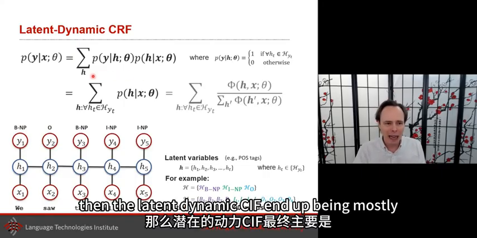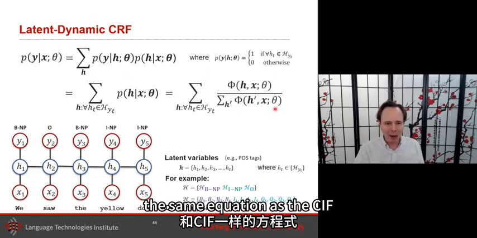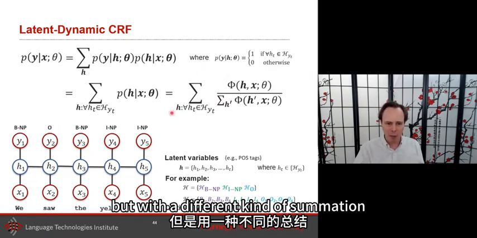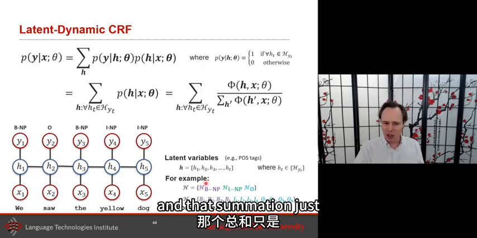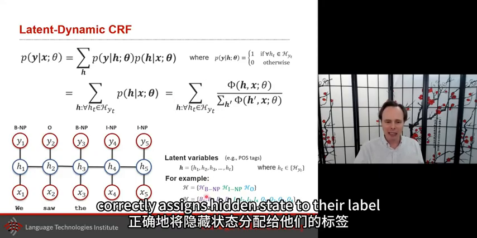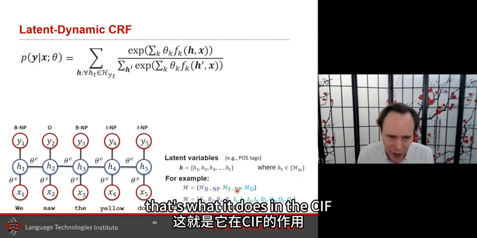If you do that, then the latent dynamic CRF ends up being mostly the same equation as the CRF, but with a different kind of summation. And that summation just correctly assigns hidden states to their label. That's what it does in the CRF.